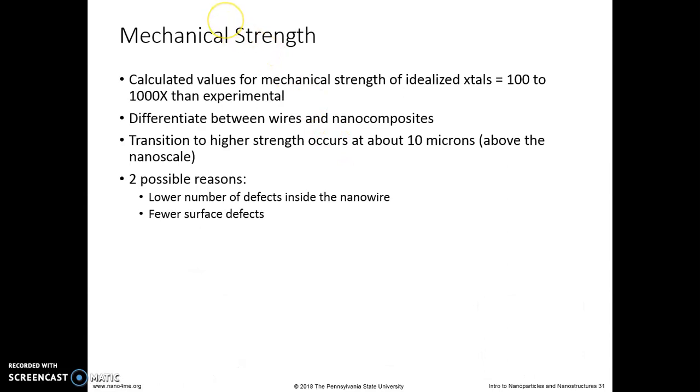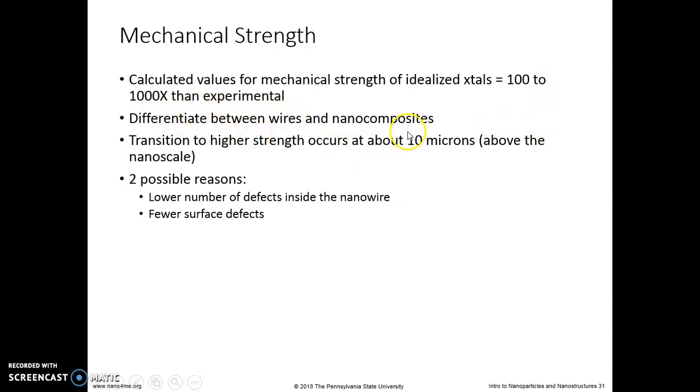Mechanical strength. The next slide is explaining mechanical strength. Here the mechanical strength is explained with the help of two possible reasons. The value is calculated first. Initially, the calculated value for the mechanical strength of idealized crystals is 100 to 10,000 times higher, then experimental.